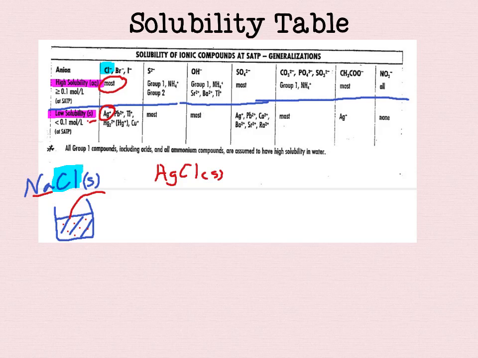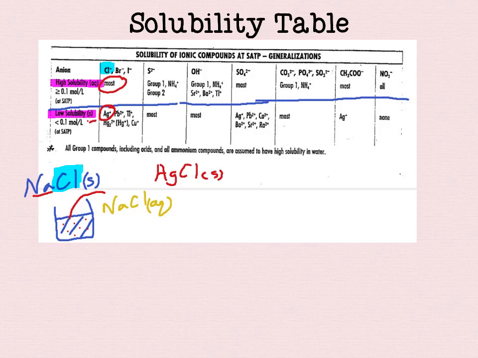So silver chloride would not dissolve, but sodium chloride will dissolve. So when that goes in, it becomes NaCl (aq), or aqueous, as in you cannot see it. It breaks apart and fills the whole container and becomes a homogeneous mixture. The concentration is the same throughout.